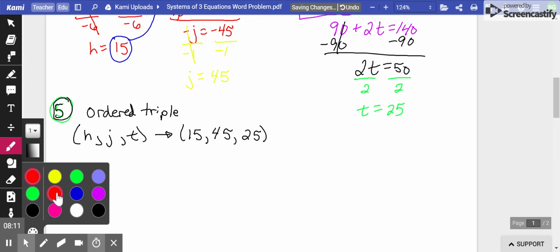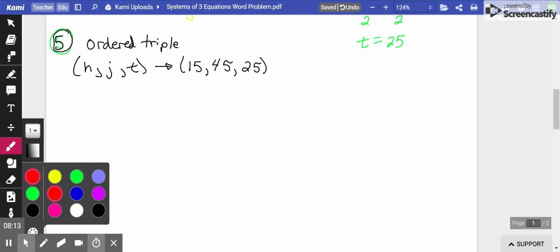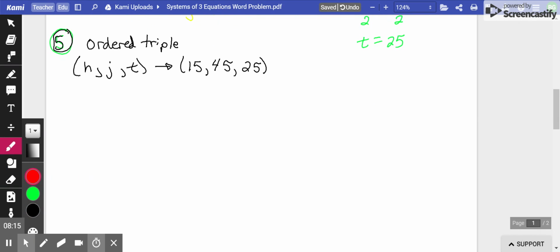However, we do have a real life situation here. We're talking about an amusement park selling hats, jackets, and t-shirts. So we need to write our answer to represent what each thing is. If you remember the original word problem, it asked for the cost of each item. So we are going to write some sentences here. Hats, which was H, cost $15 each. Make sure you have that dollar sign on there to represent the unit.